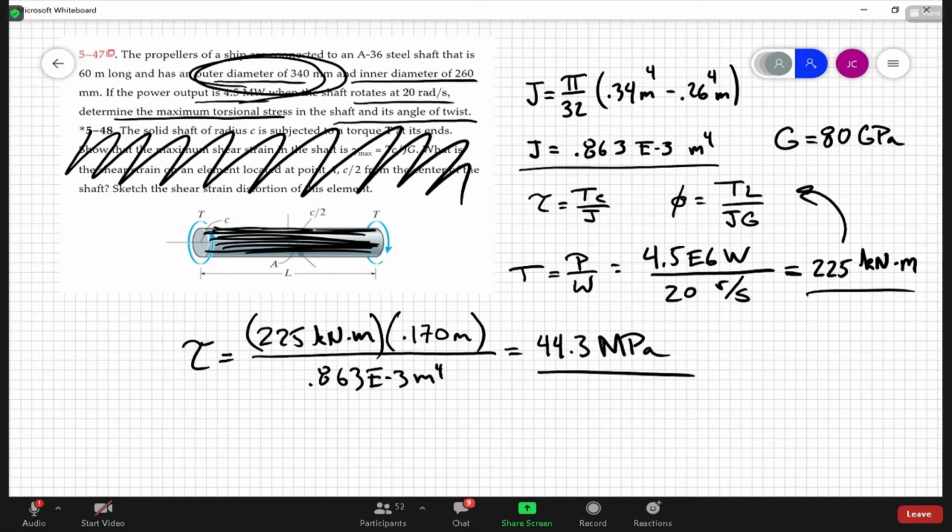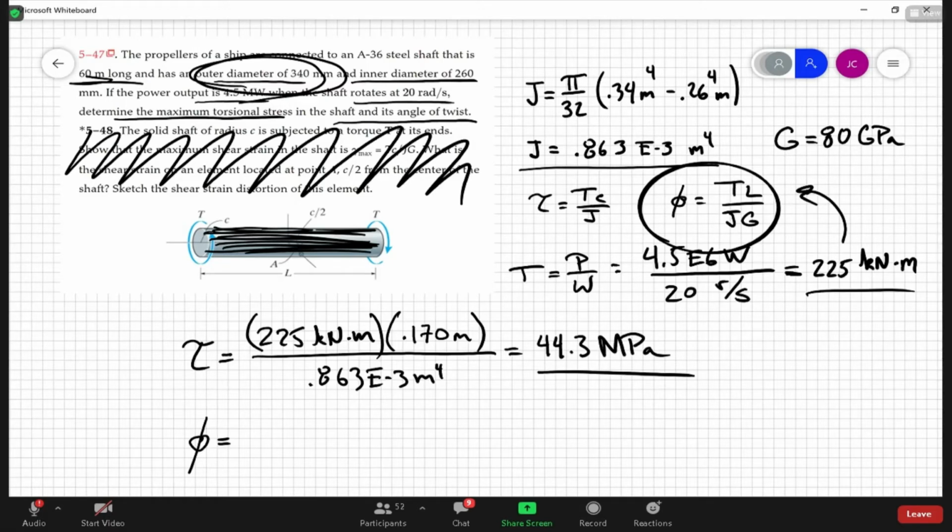is 44.3 megapascals, okay? So now likewise, we can figure out the angle of twist. We know that the length is, what do they give us for the length? Oh, right, 60 meters long. It's 60 meters long, okay? So the angle of twist, and now again, this is all dimensionless, so the angle of twist is going to give you the angle in radians.